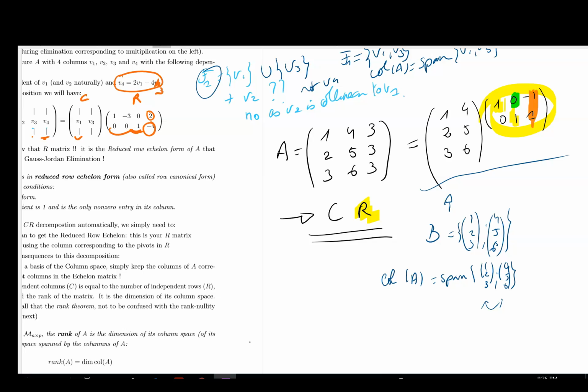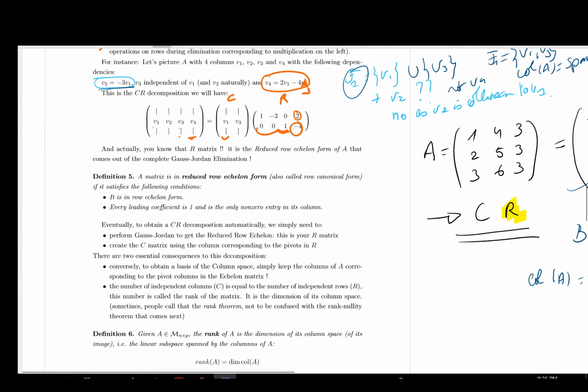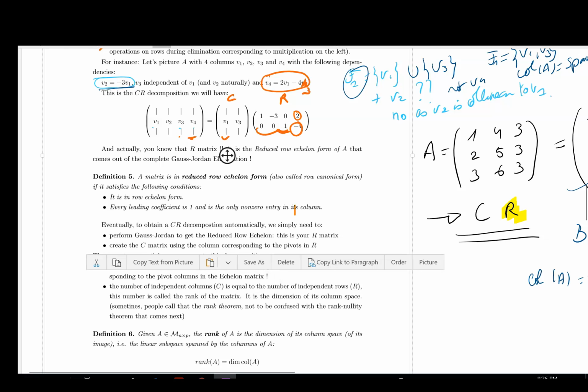Actually, this is the row reduced echelon form of A, the one you get when you perform the Gauss-Jordan algorithm until the end. When you perform Gaussian elimination, if your matrix is invertible, you will end with the identity, but if it is not invertible, you will end in a reduced row echelon form. Let me remind you what exactly we mean by this.